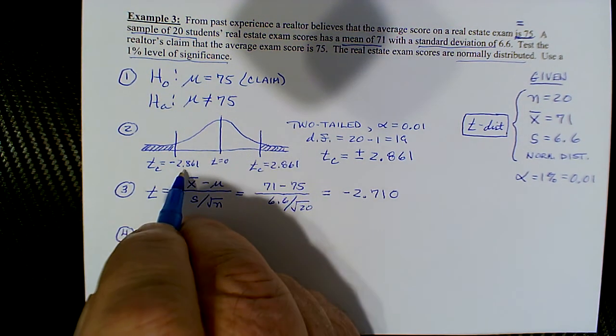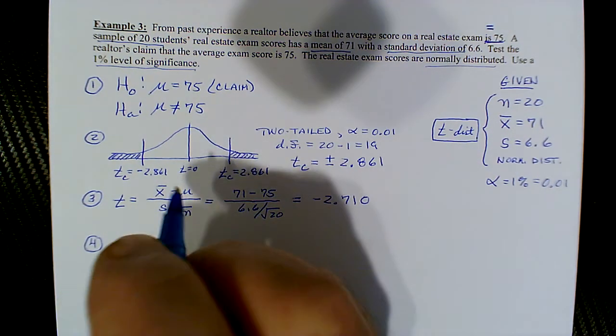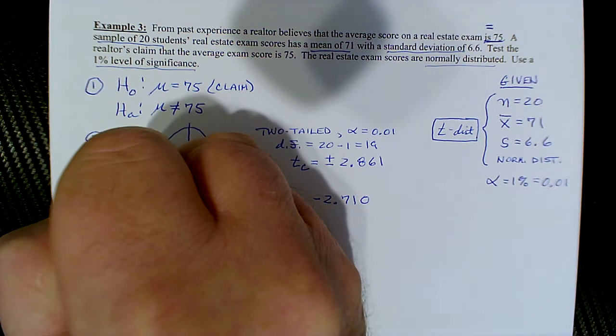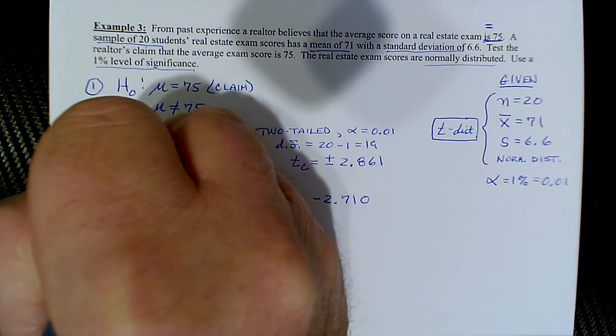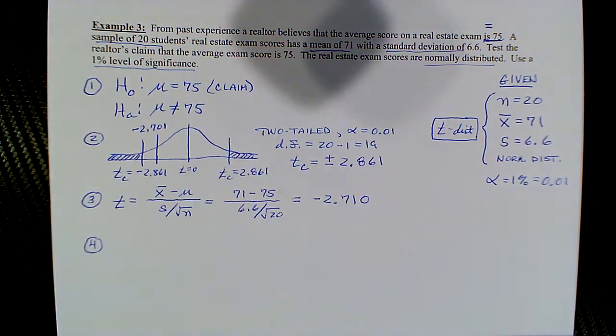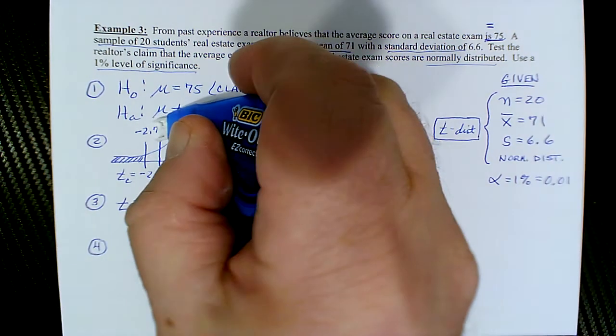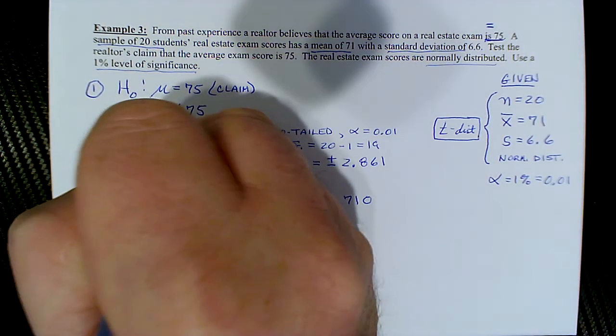It's pretty close. If alpha was different, we might actually reject H0, but negative 2.710 is in the non-rejection region. So therefore we fail to reject H0.